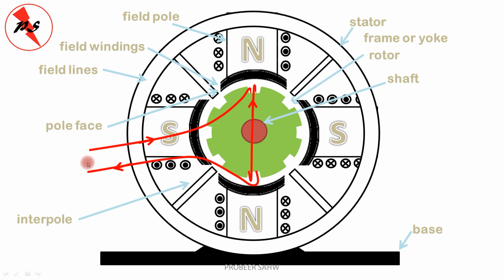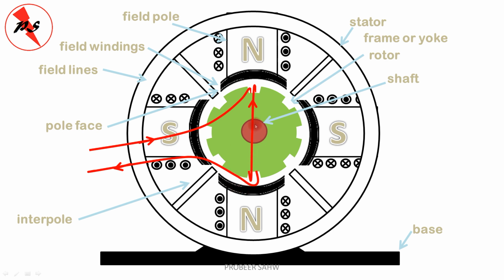Now if we connect it to a DC supply, a DC current will flow through this if it is a motor, or if we connect a load to these ends of the wire, an EMF will be induced in this wire and current will flow through that load if the machine works as a DC generator. So in this way we can have armature windings on the rotor. We can have as many turns as required in applications.